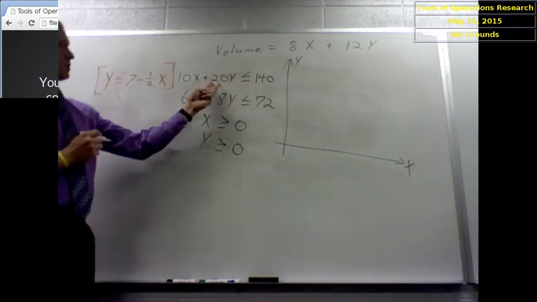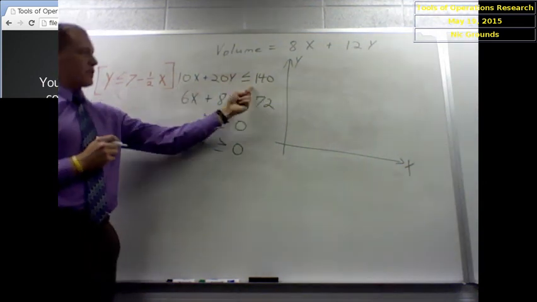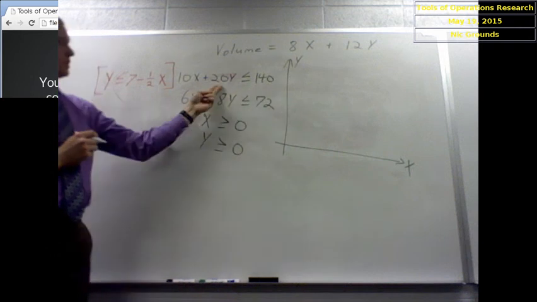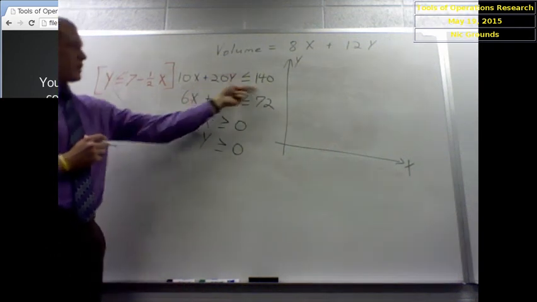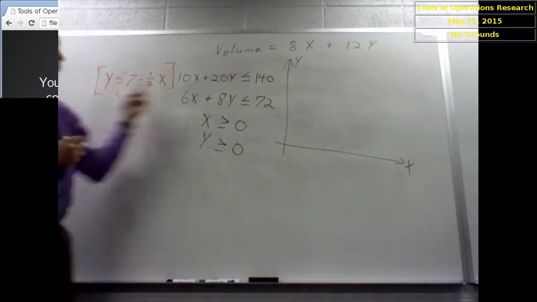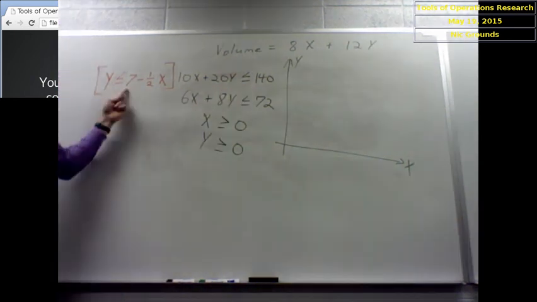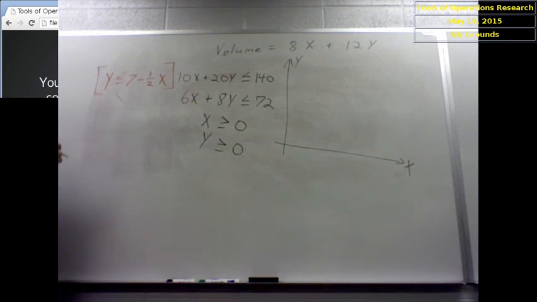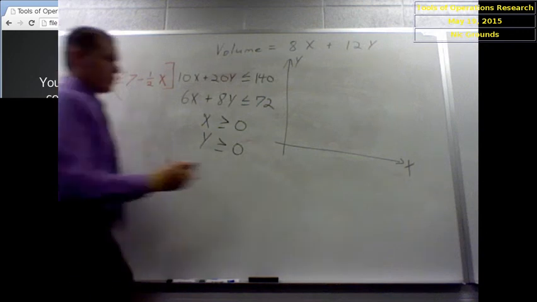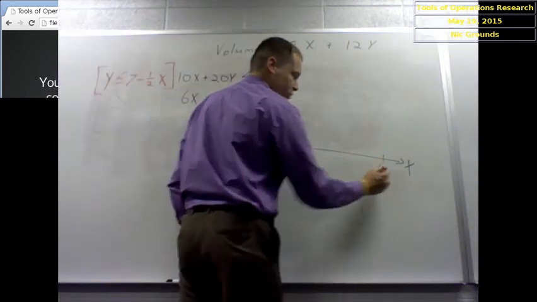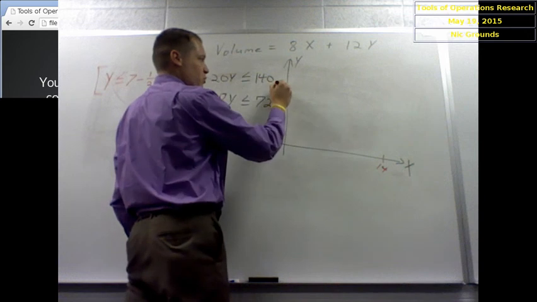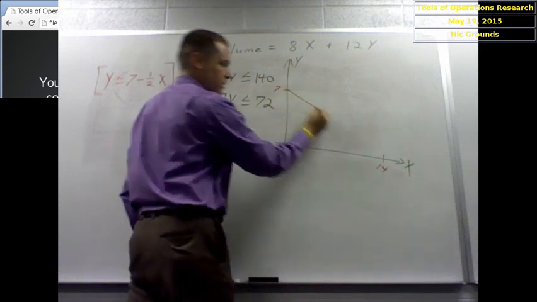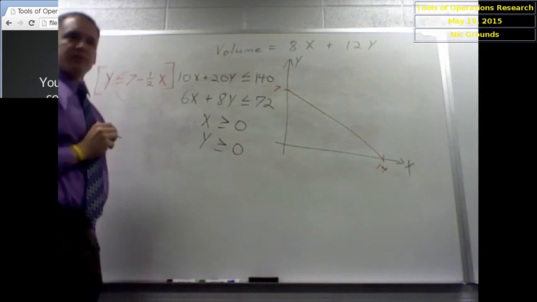So, minus 10x on each side, so we have 140 minus 10x. 20y must be less than or equal to that. So if we divide both sides by 20, we have y less than or equal to, well, 140 divided by 20 is 7. 10 divided by 20 is half. So y is less than or equal to 7 minus half an x. Okay? So when we get to an x of 14 from a y of 7, that's our limit. Right?